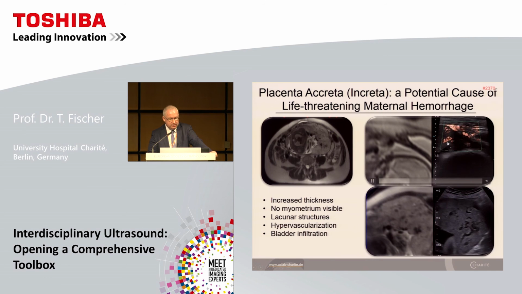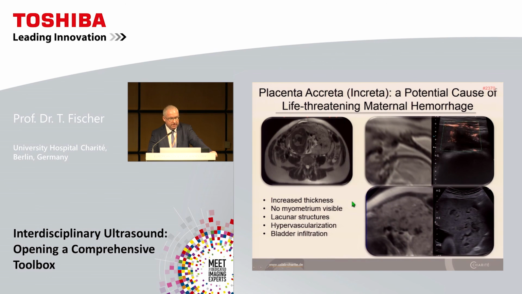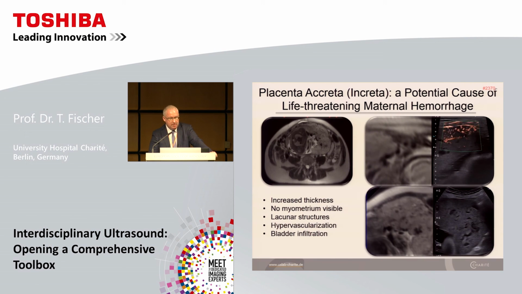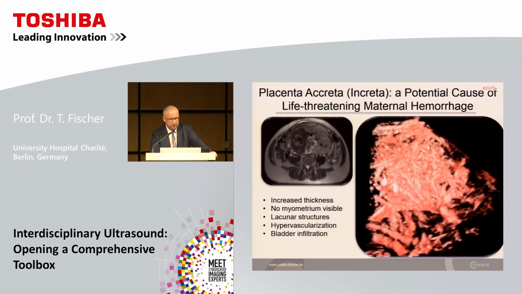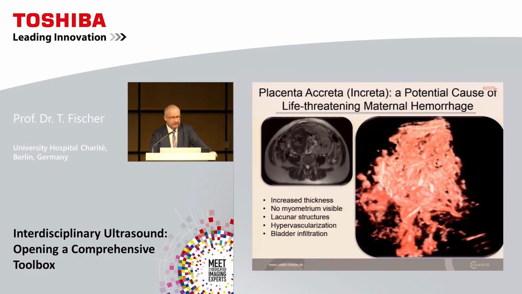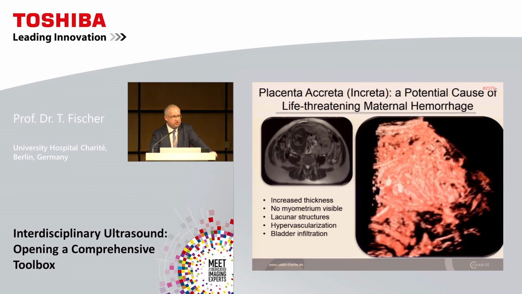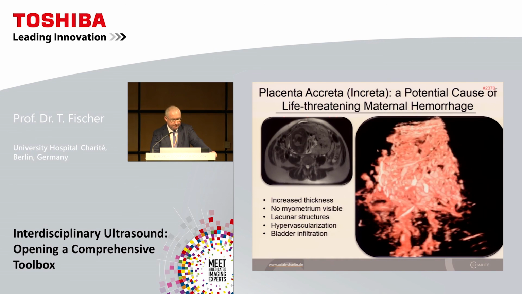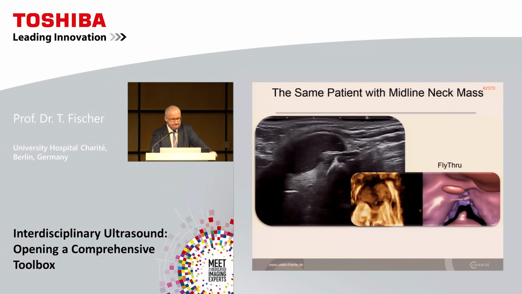It stops here, and so we can see beautifully here in the SMI tool the vascularity, but we see also we have no bladder infiltration, so that means this is a special case of a placenta increta here. And of course, we can have a reconstruction so that you can demonstrate here is clearly a hypervascularity, so this is no longer a lacunar structure, this is clearly hypervascularity.